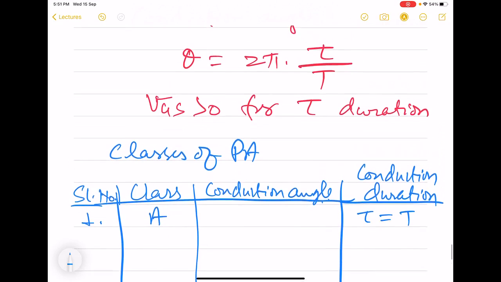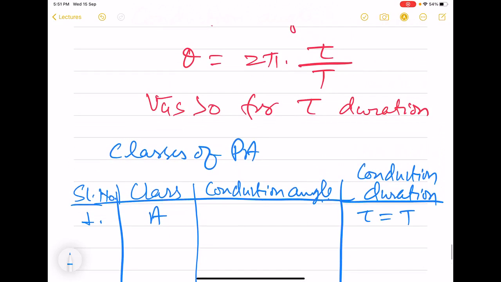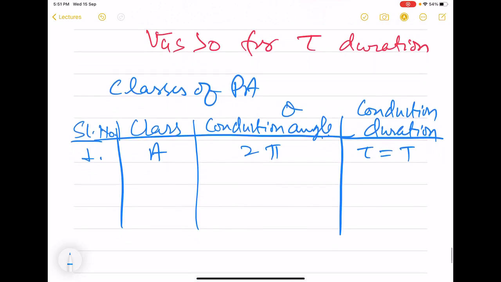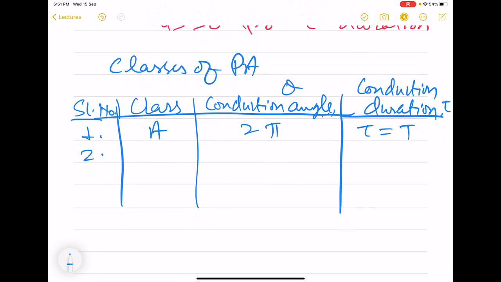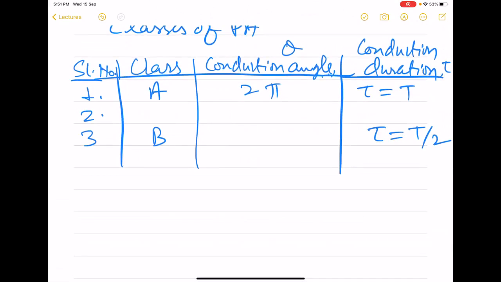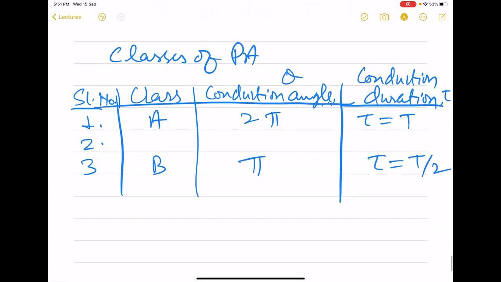And since tau is equal to T, you can see that conduction angle theta is equal to 2 pi. Conduction duration is tau, conduction angle is theta. Now, there is a second class, class B, for which the conduction duration is going to be half of the cycle. And for this case, the conduction angle is going to be pi.